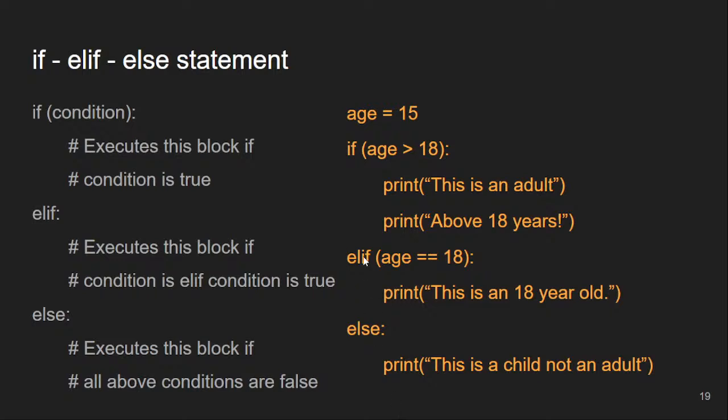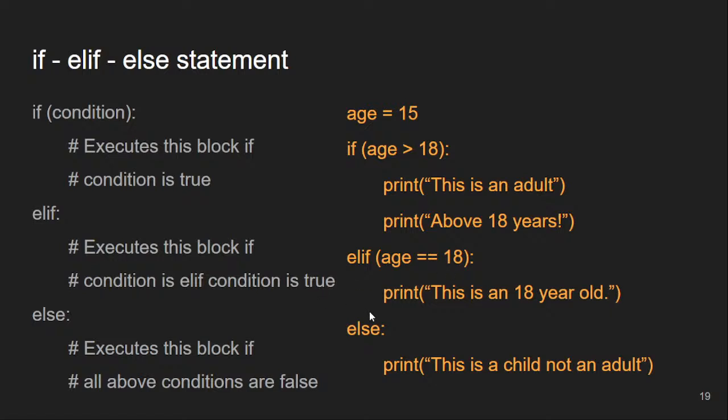Okay, now I would like you to try this in the lab and then play around with this value. Maybe change the age to 18 and see if this block of code works. The other thing to note is that you can have as many elifs as possible in this structure. So here we have if age is greater than 18, then we have elif if age is equal to 18.